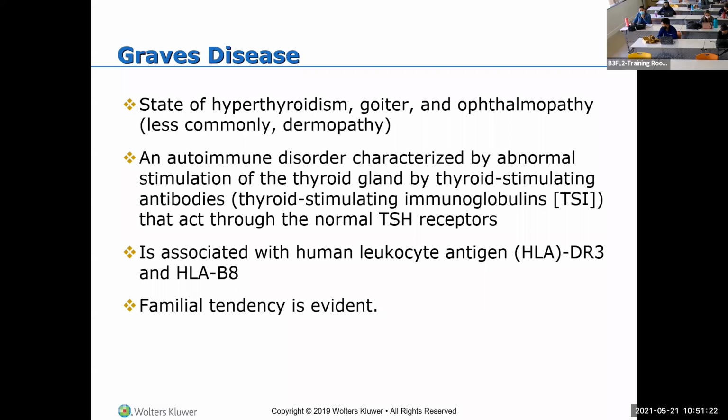Familial, we do have HLA also responsible for Graves' disease, autoimmune, and sometimes runs in family. Familial tendency is also evident for Graves' disease. In most cases, it is the autoimmune type.